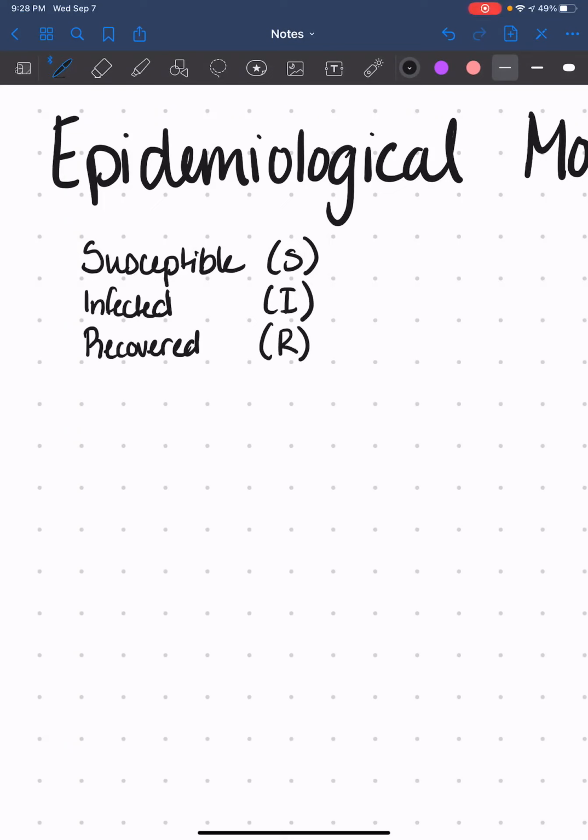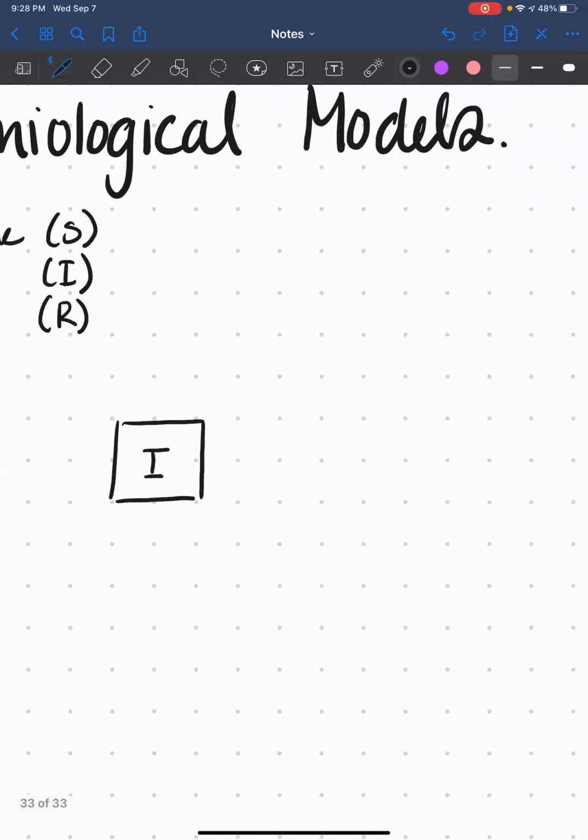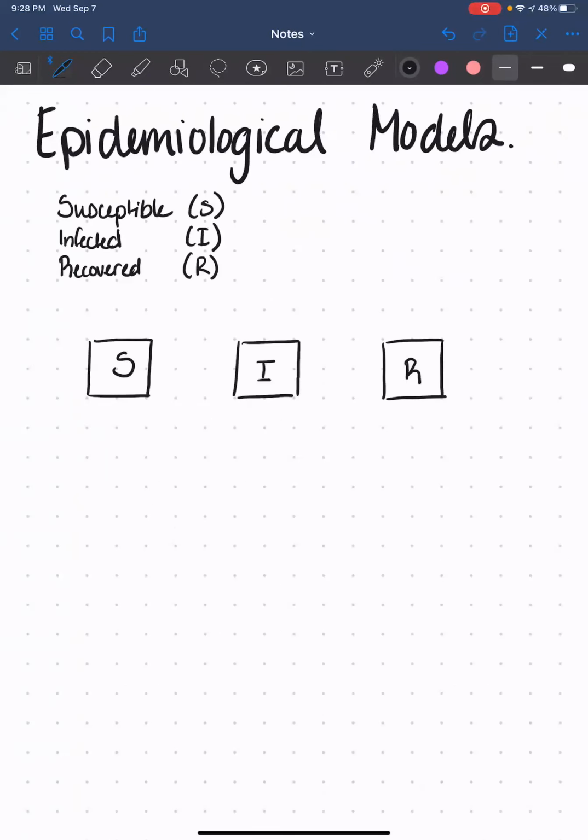And so when we're doing our models, we start with our process diagram. So we'll write a box for each species, one for S, one for I, and one for R. And we know that our susceptible people can become infected, and our infected people can recover.